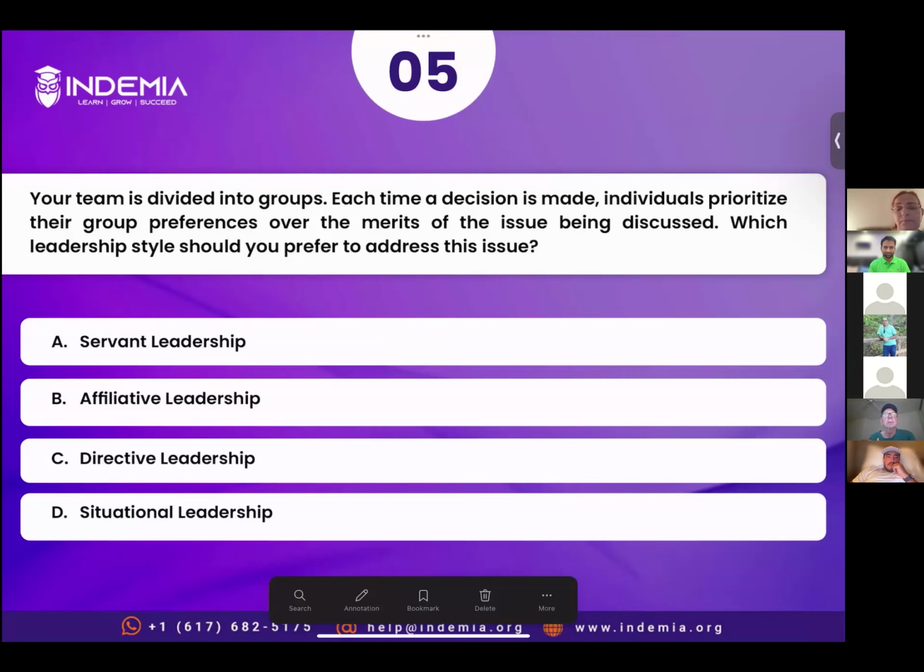And I'm not sure how affiliative leadership works, and situational leadership also. Directive leadership is where, if no decision is being made by the teams due to such scenarios, the project manager can direct the team and come to the final decision or final judgment. So that's why I selected option C.